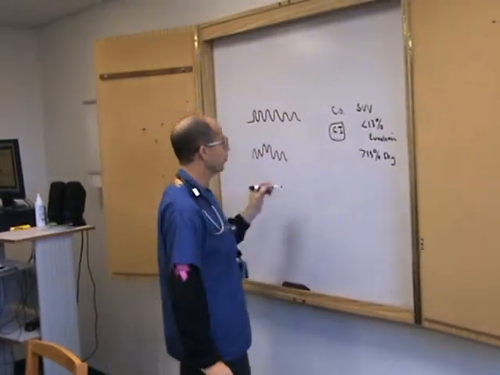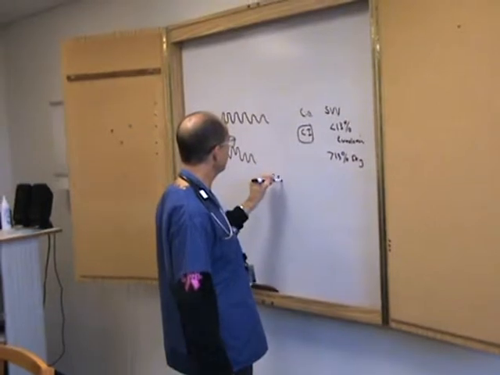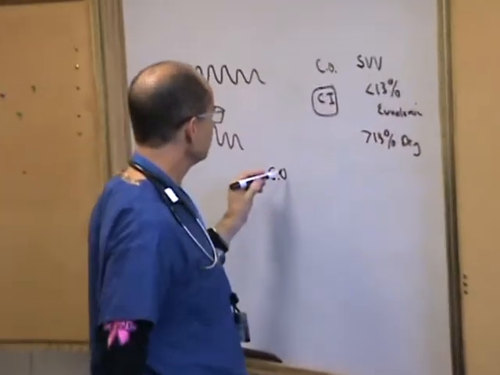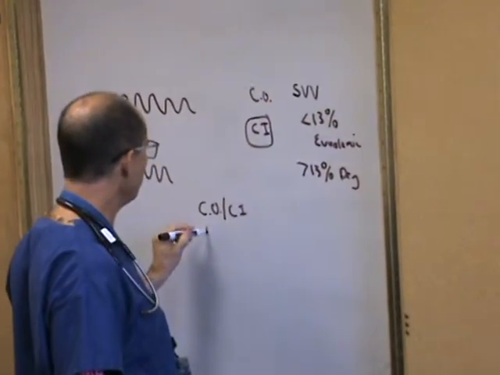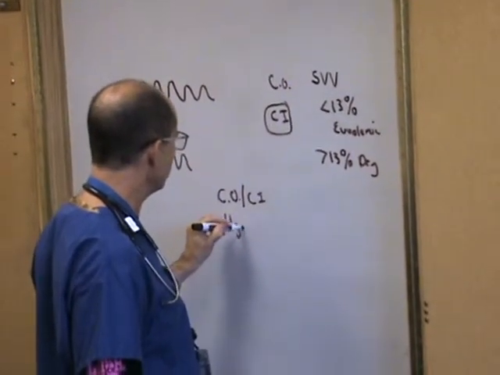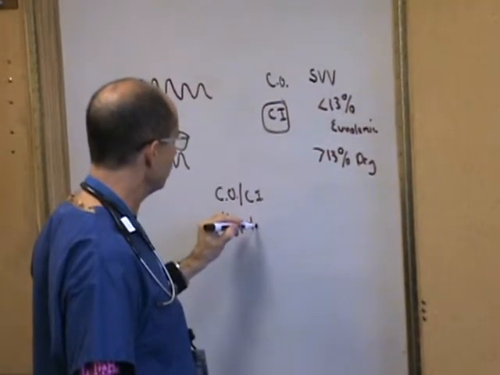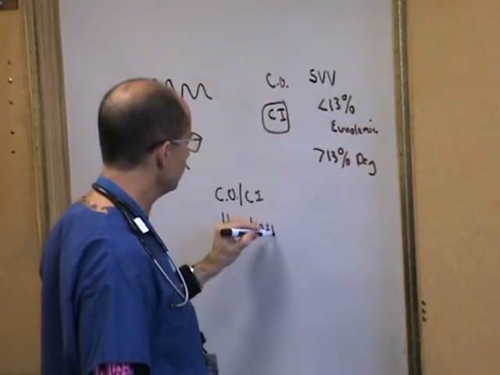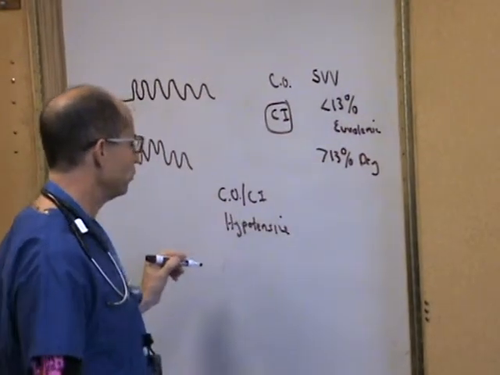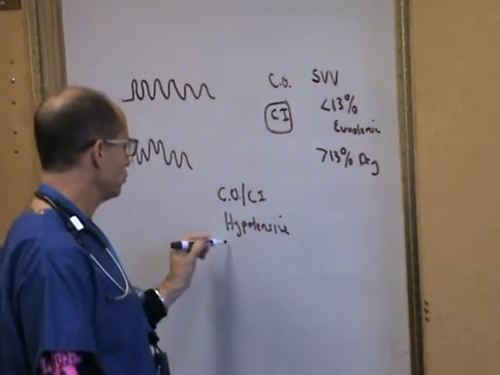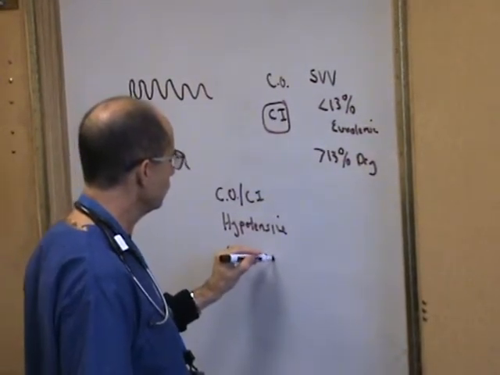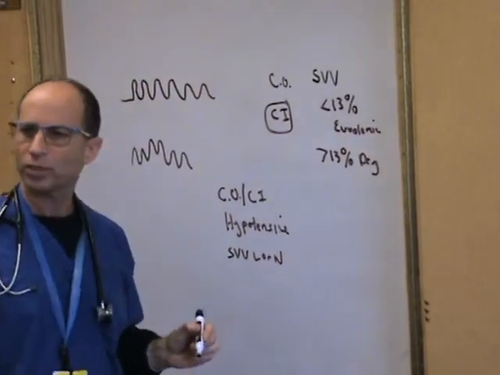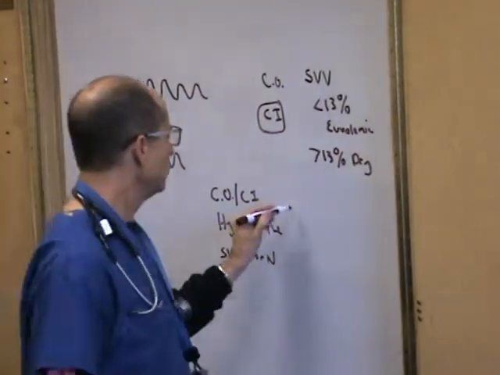And so if you have a high cardiac output or cardiac index, and they're hypotensive, and their SVV is lower normal, then you've got your septic patient again, right?